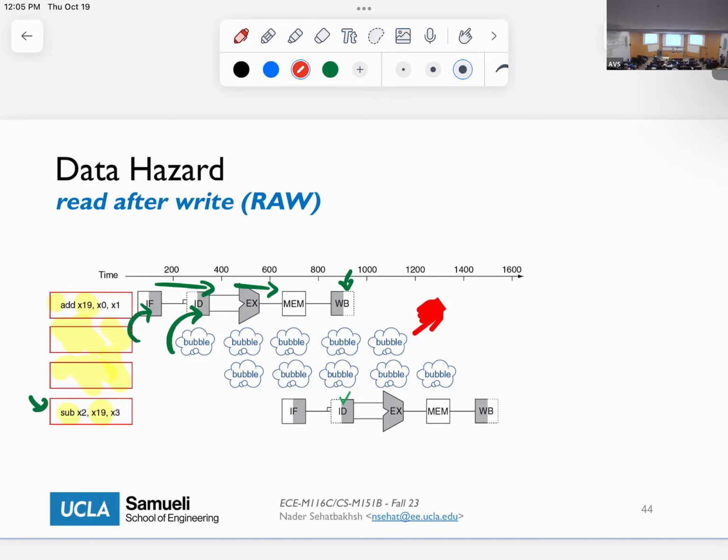Stalling was this process of not letting some instructions go inside the pipeline. Instead, we inject what we call a bubble. And we need 2 bubbles in order to fix the issue that we have, right? So the idea here is that we add 2 new slots in our execution. We insert this bubble and then we let this sub go at this point.